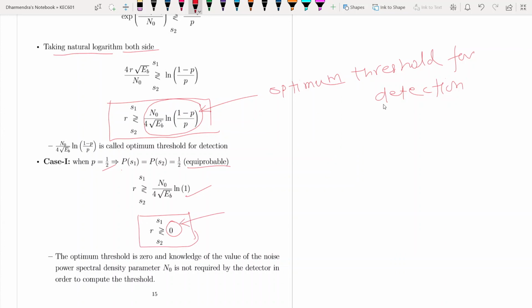Sometimes people ask what the optimum threshold is for the equiprobable case. The optimum threshold is 0, and knowledge of the value of the noise power spectral density parameter N naught is not required by the detector in order to compute this threshold.